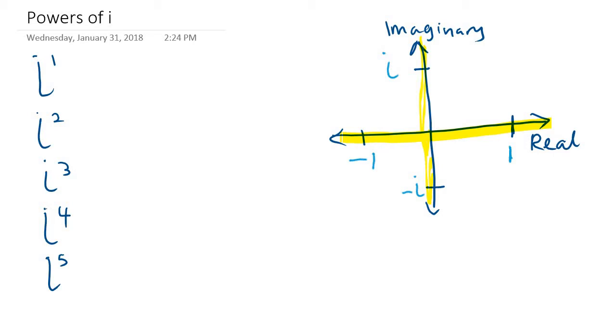For example, if I take 1 and multiply 1 by i, that is equivalent to a rotation by 90 degrees.